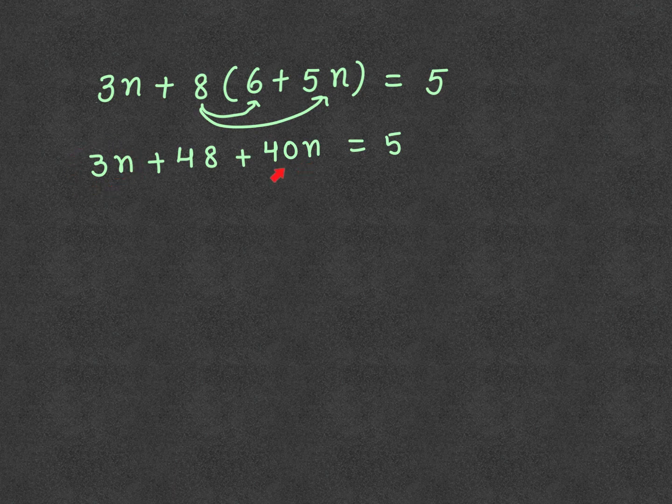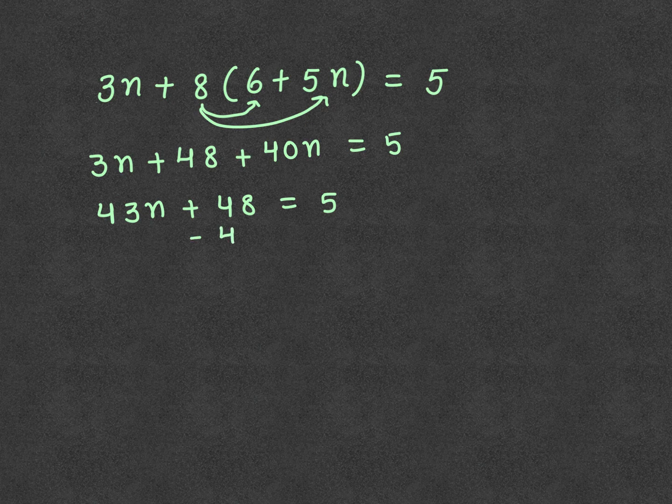We can combine the like terms, so 3n plus 40n is 43n, and then take the 48 to the other side by doing the opposite operation.